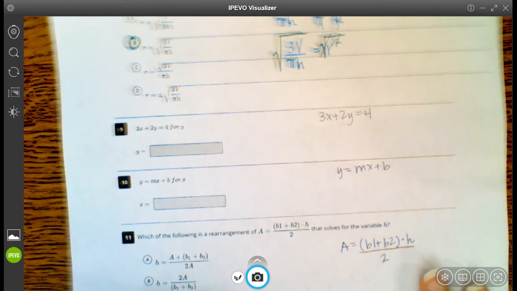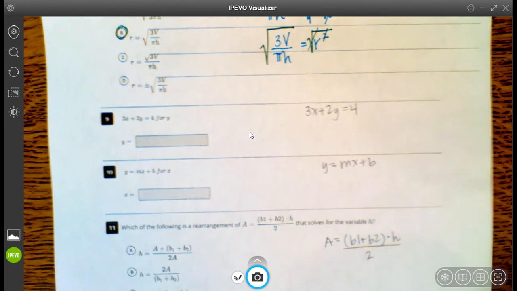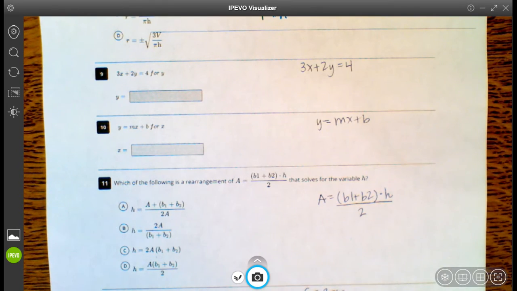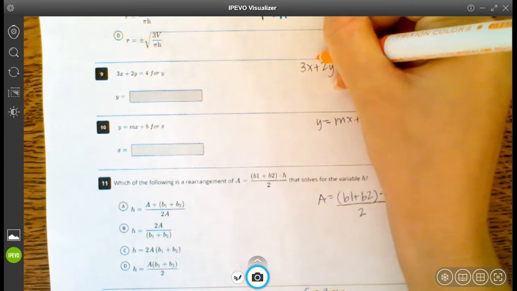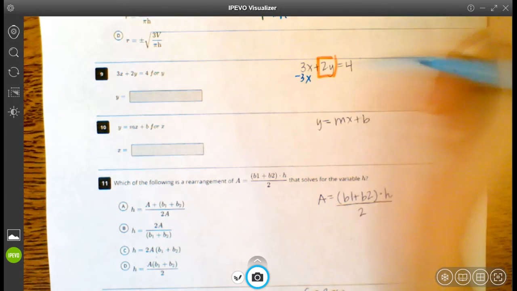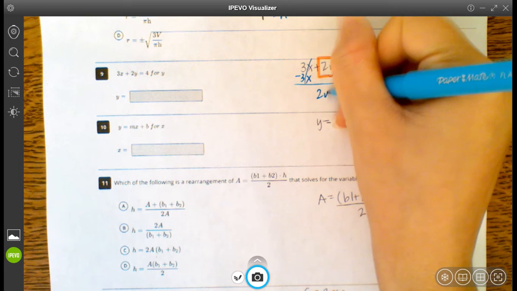Okie dokie, guys, couple more to go. Number 9, taking a peek here, is looking for y is what we want. So y has a 2 in front of him, but we can subtract by 3x on both sides to help us get started.